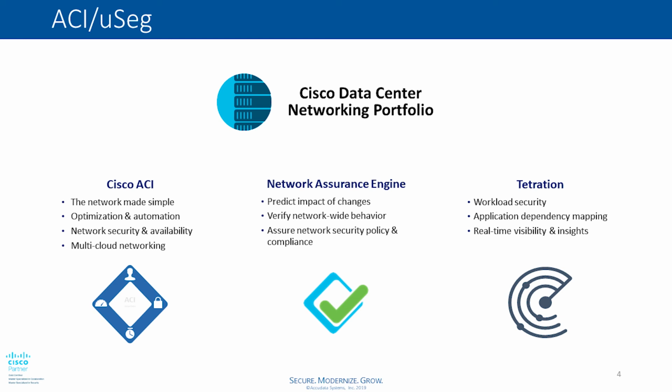And last but not least, you have the Network Assurance Engine, which is the guide that tells you if your network is performing the way that it should be performing. Another thing you can achieve with Network Assurance Engine is to predict the impact of changes. So, as a workflow, if you have Tetration in your environment, you can have an application dependency mapping, and with that you can decide to enforce some policies.